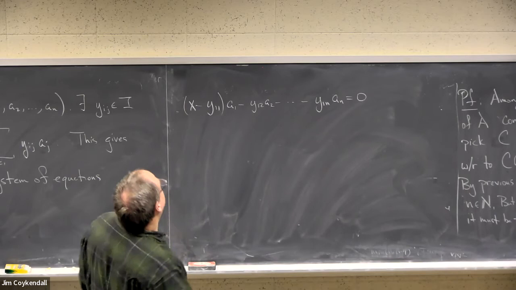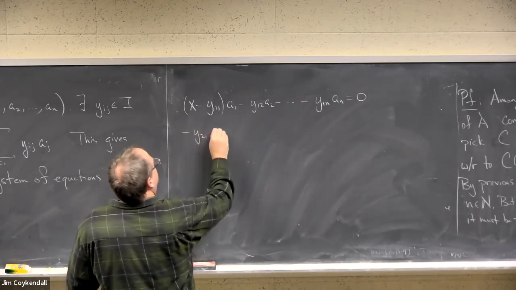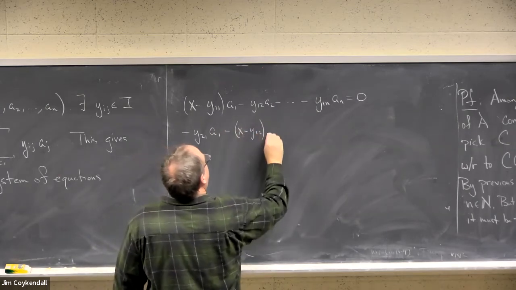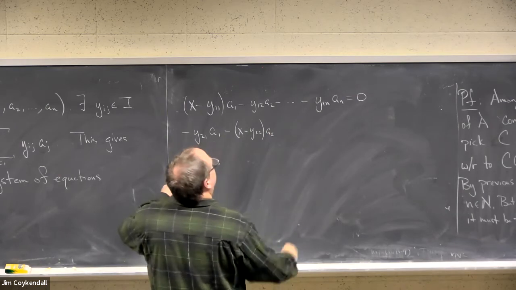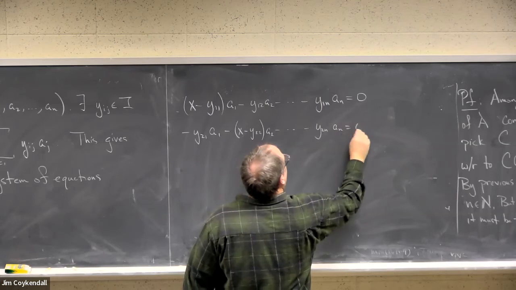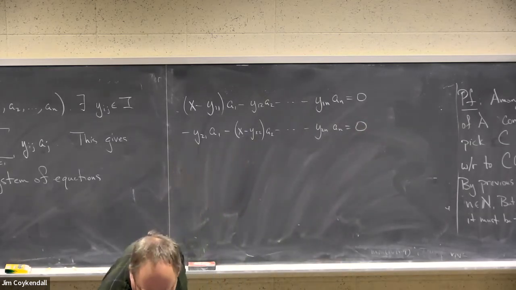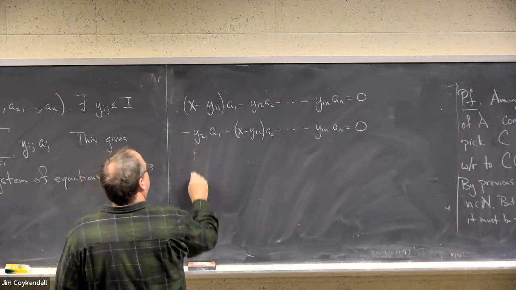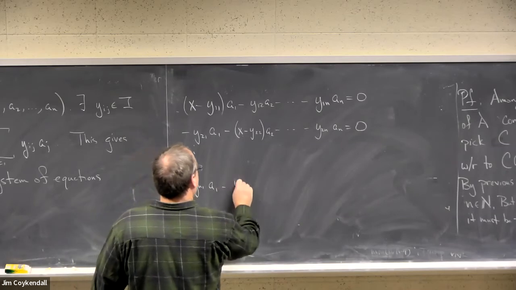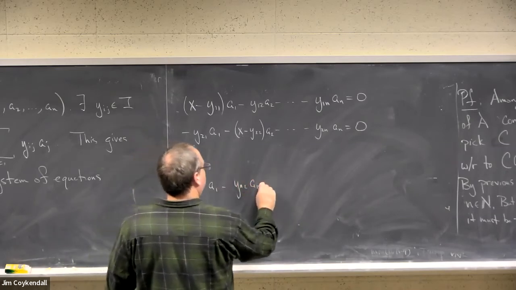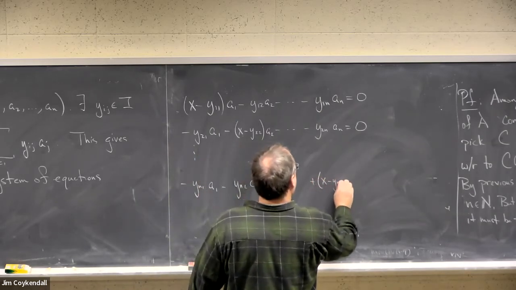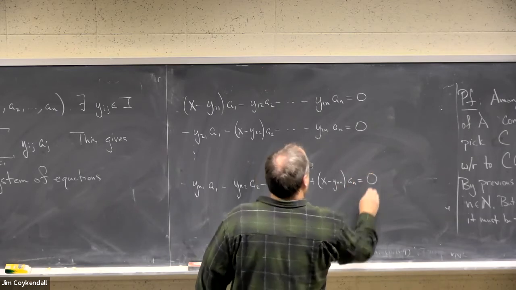Minus Y21 A1 plus (X minus Y22) A2 minus ... minus Y2N AN equals 0. Yada yada yada. Minus YN1 A1 minus YN2 A2 minus ... plus (X minus YNN) AN equals 0.